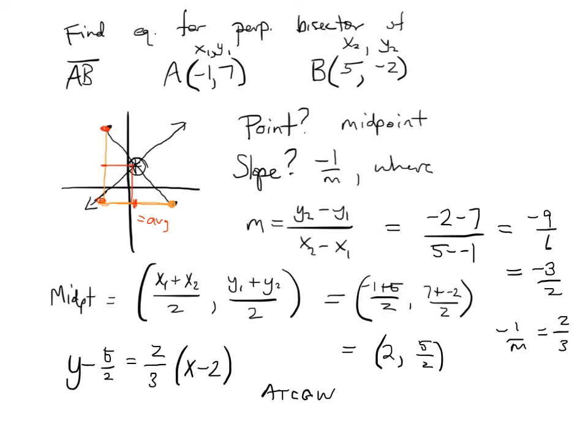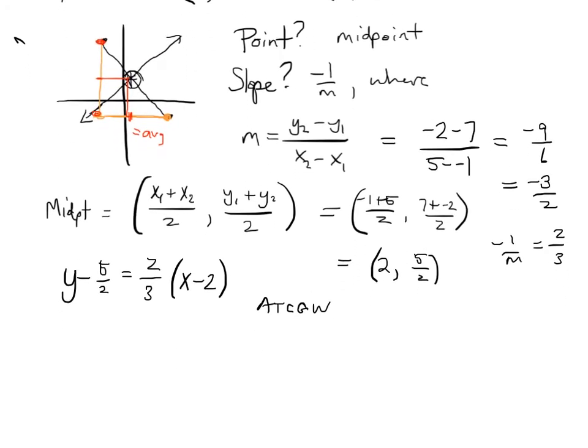Again, let's look at whether this makes sense with our picture. Sure enough, that looks like a positive slope of 2/3. And we'll do a little manipulation to make sure the y-intercept makes sense: 2/3 x minus 4/3 plus 5 halves equals y.